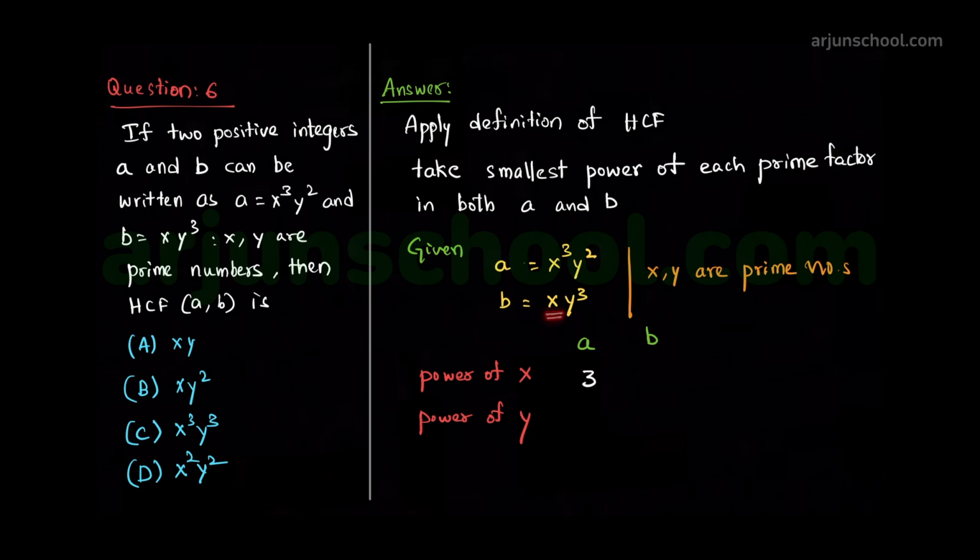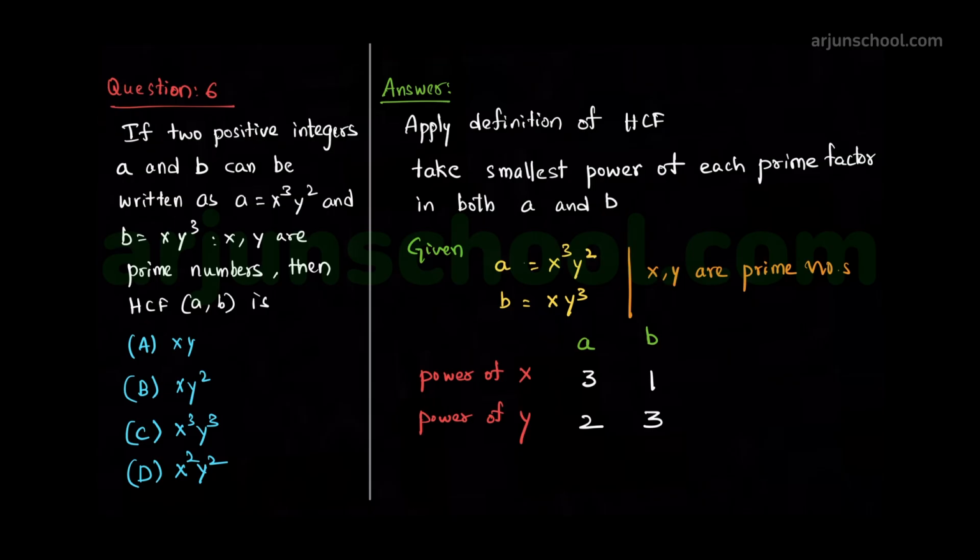Similarly, the power of x in b, which is x into y cube, is 1. The power of y in a is 2. Similarly, the power of y in b is 3.